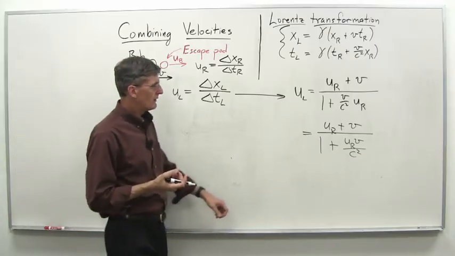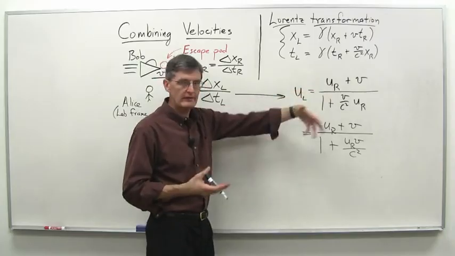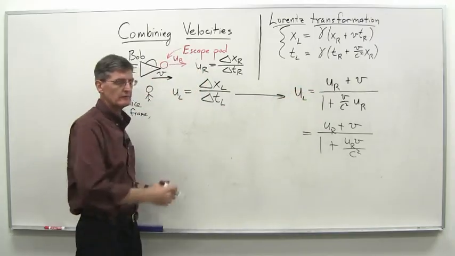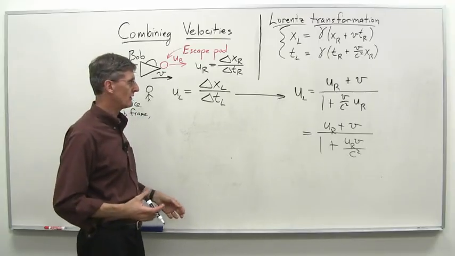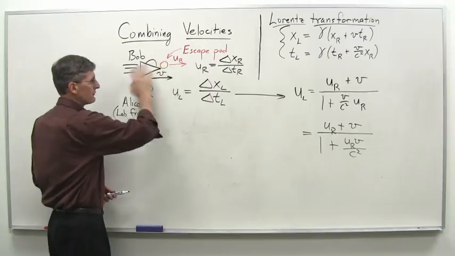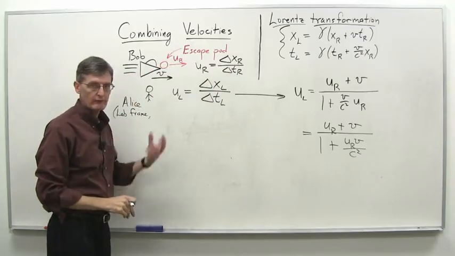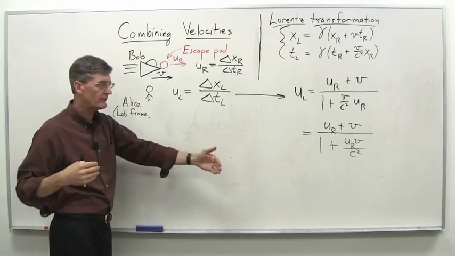Because look at this. On the top, the numerator, we have u sub r plus v. That's just what we did normally in everyday common sense experience, Galilean experience, you could call it, I suppose. You just add the velocities. Alice would say, okay, it's just going at u sub r for Bob, and then I'm just going to add the velocity to it, and that will give me the velocity that I see.